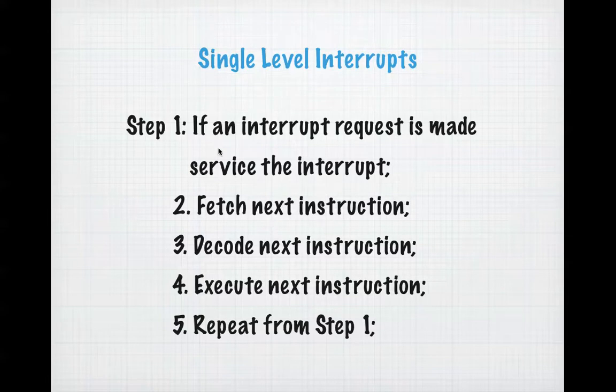Okay, and that's just added, and you can see that the overhead would be about 20% here. Just doing this one step, but in reality it will be more than 20%, because when we go out and do an interrupt request service, we're going to end up executing a whole bunch of instructions. So it's going to be more than just looking at an interrupt request flag to see if an interrupt has been requested.